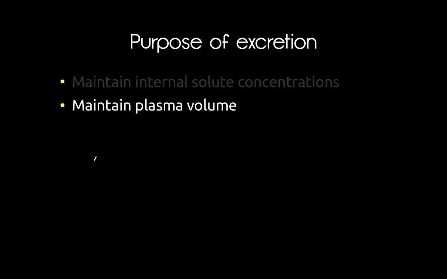Blood gets more viscous, and it's hard to push around, and that can cause problems. Also, if the plasma volume gets too high, we have a limited amount of volume in our vascular system, and so you'll start having elevated blood pressure problems. That can lead to a whole range of problems all throughout the body as well. So we need to maintain appropriate plasma volume. So that's another important purpose of excretion.